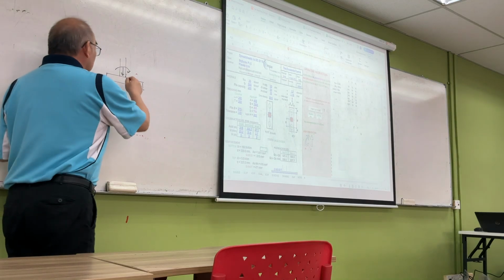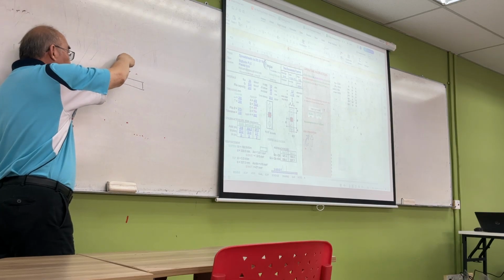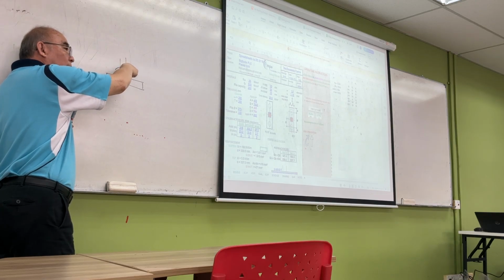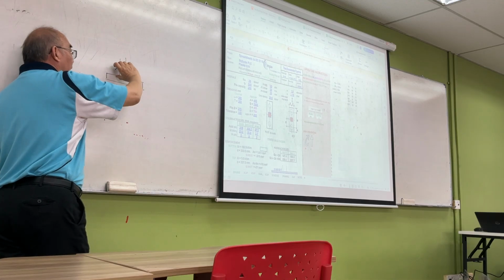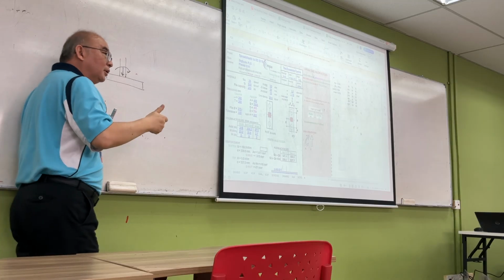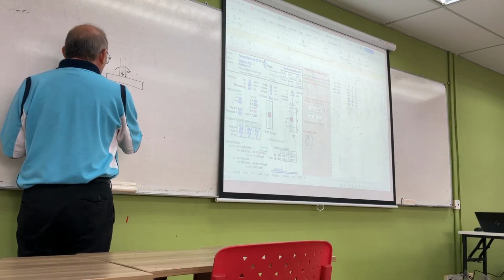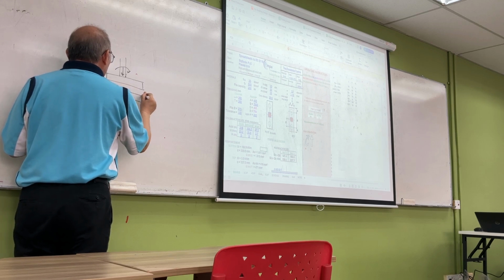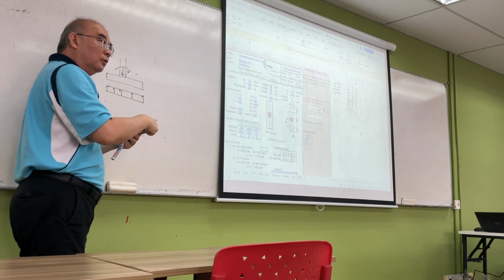Because when you apply the column load, you will have uniform pressure. But when you apply a moment, the pressure diagram will be like this. Let me draw. This one is the uniform pressure caused by the column load, right?